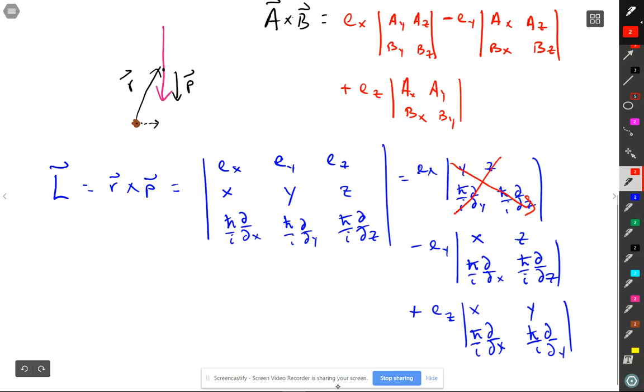This minus that. So the y is going to come before the h bar over i d dz.